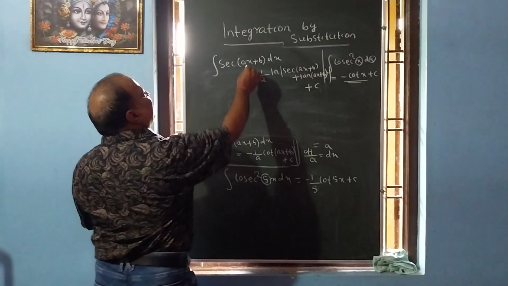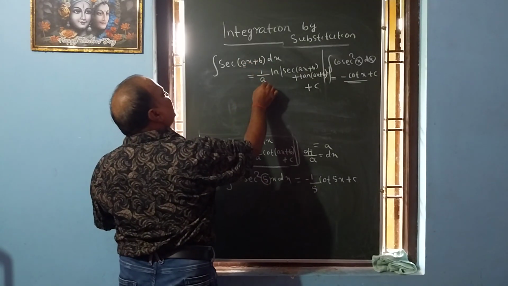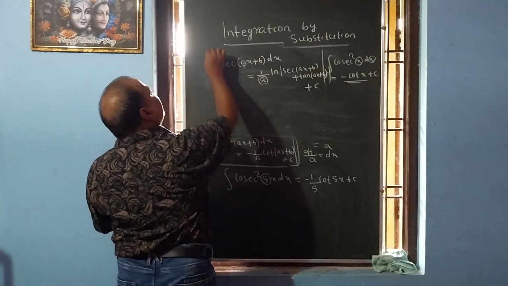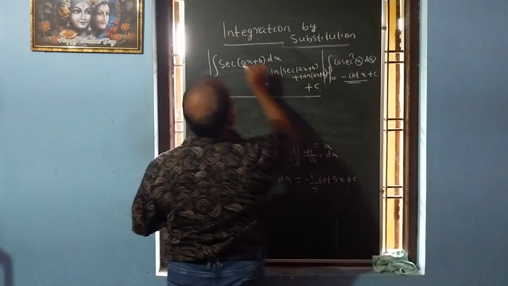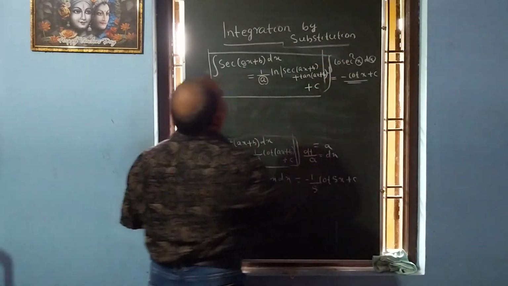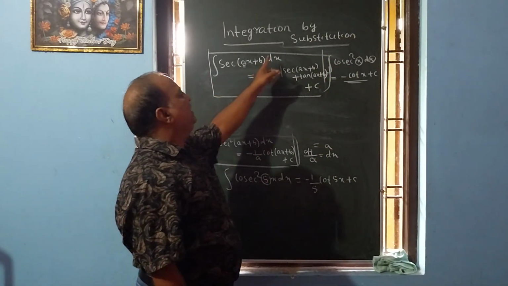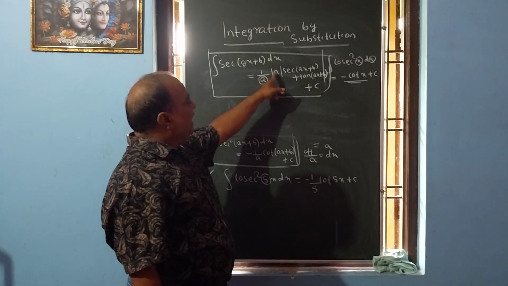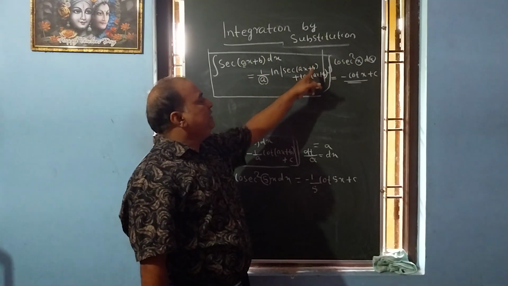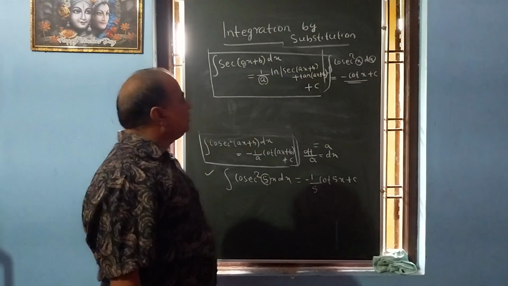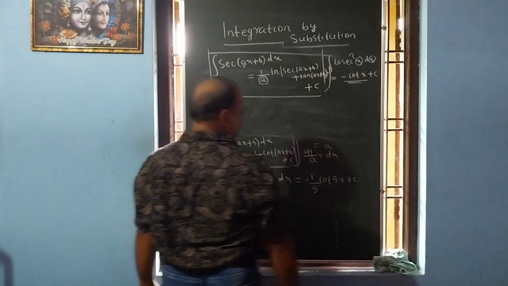The coefficient of x is a, so that will be divided here. You remember this formula: integration of sec (ax plus b) dx is 1 by a ln of (sec (ax plus b) plus tan (ax plus b)) plus c.